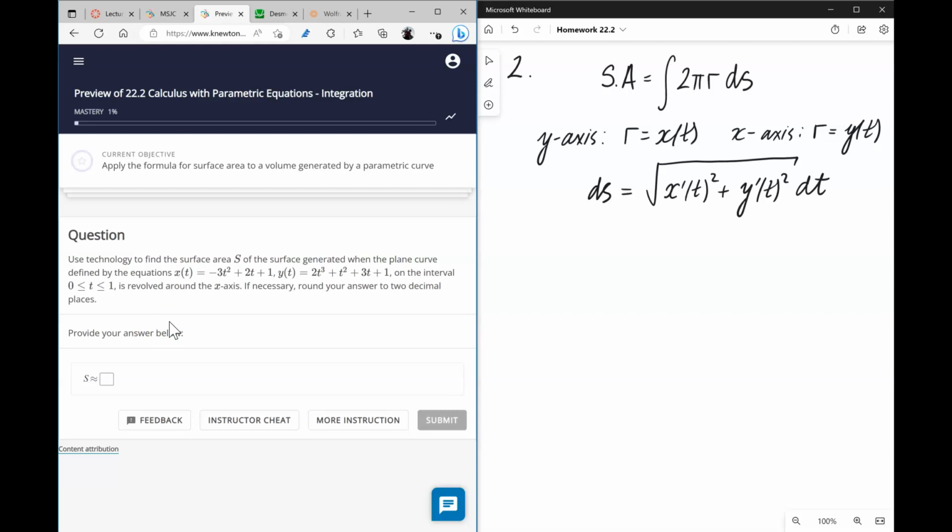First, we're going to set up the integral. Our integral will be, what are we doing here? We're rotating around the x-axis. So when you rotate around the x-axis, your radius of rotation is this, which is y. So the integral is from 0 to 1 of y of t.